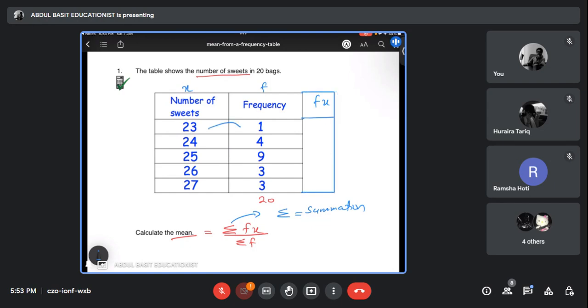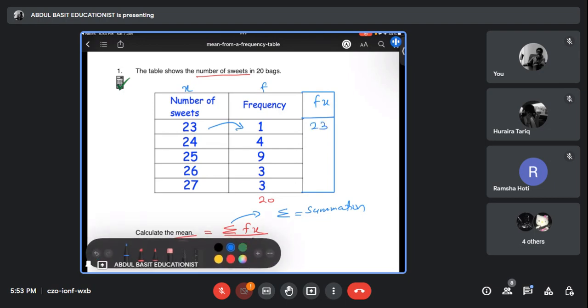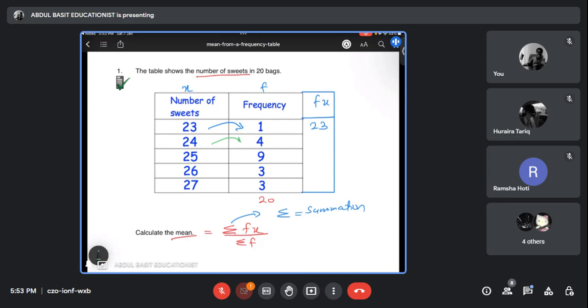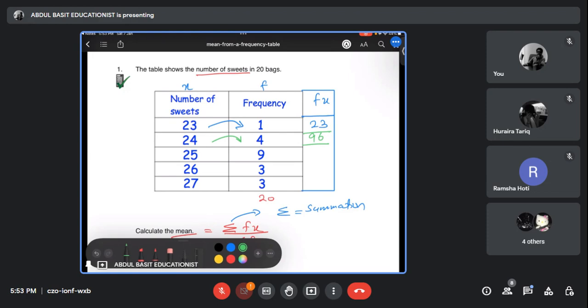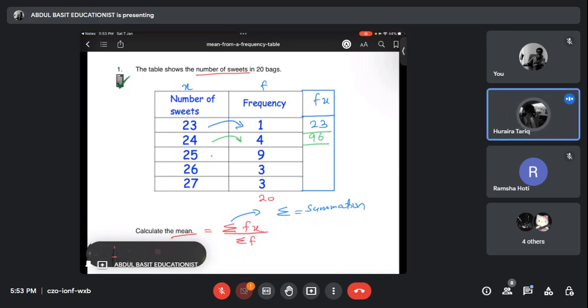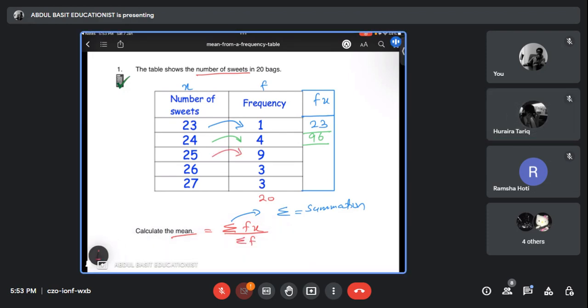So 23 times 1 is 23. 24 times 4 is what? Use your calculator, tell me. 24 times 4 is what? 96? Yes, it's 96. Okay, 25 times 9 is 225.